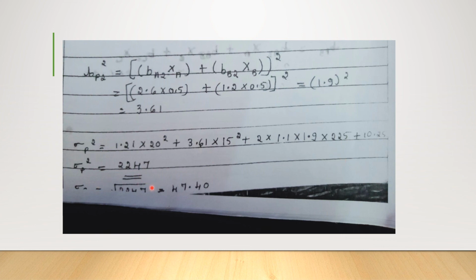Then you are going to get a variance of 2247. If you take the square root, you are going to get 47.40. This is the standard deviation of the portfolio.